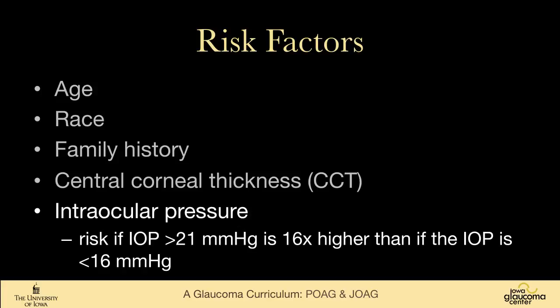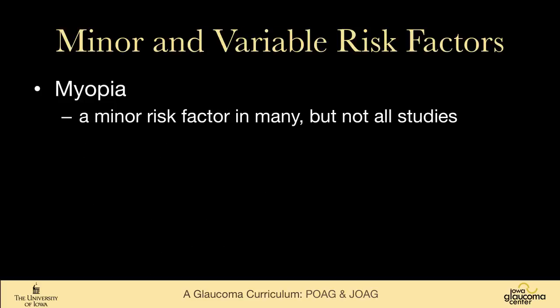So even at relatively normal pressures, the risk for someone whose pressure is over 21 millimeters of mercury is 16-fold higher than a patient whose pressure is less than 16. So intraocular pressure has a huge impact on developing glaucoma, but it's not part of the definition of glaucoma.